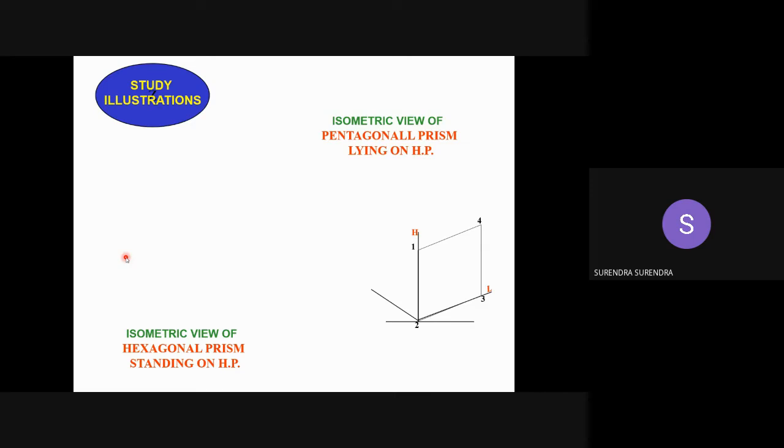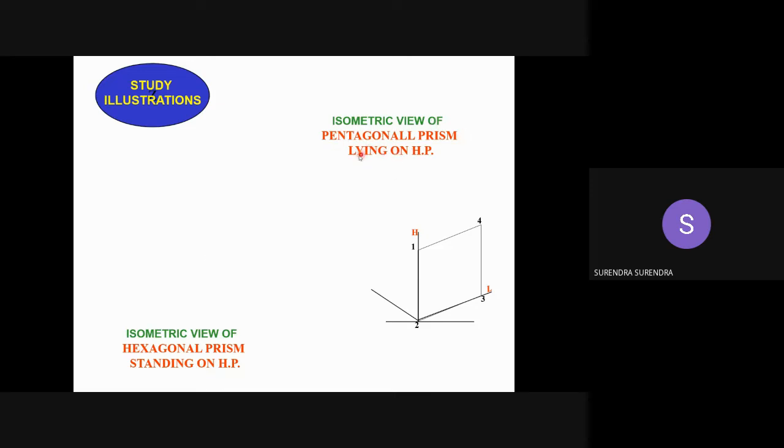So isometric view of a hexagonal prism. I will share the PPT with you, follow it and complete the isometric view of the pentagonal pyramid. Last class we discussed that, and in this class we discussed the cylinder, and next square pyramid, and next hexagonal pyramid.